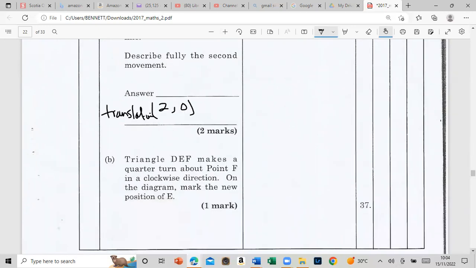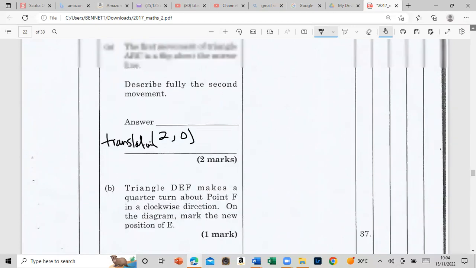The triangle DEF makes a quarter turn about the point F in a clockwise rotation on the diagram. Mark the new position of the triangle DEF.